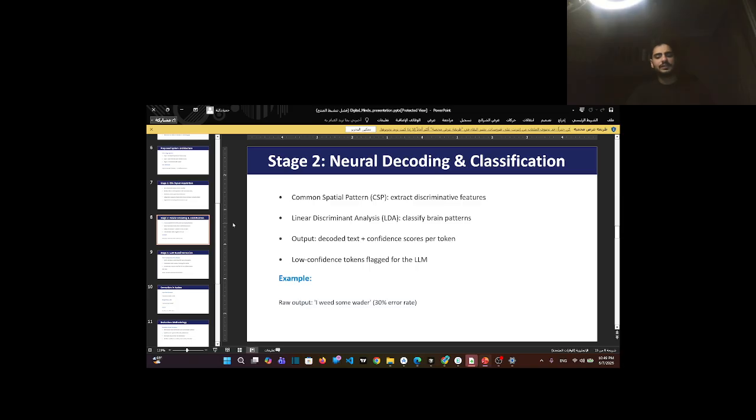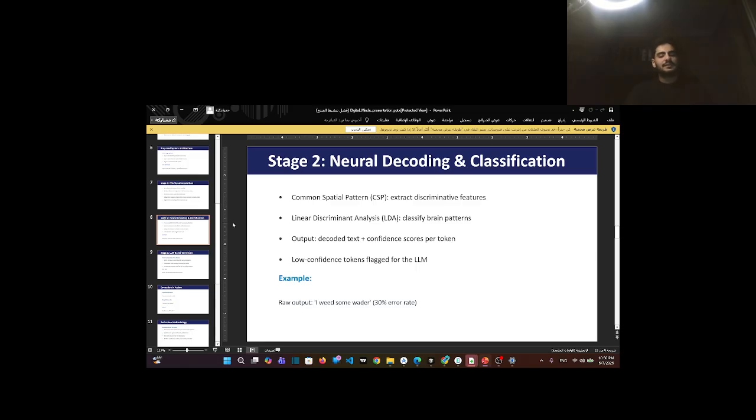The output is decoded text, but also confidence scores for each token. This is important because the system can tell the LLM which words are likely to be wrong. For example, the raw decoded output may be "I weed some water."